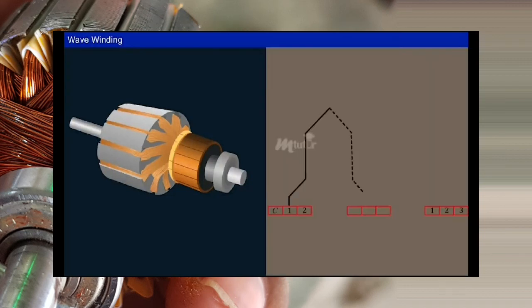The terminologies for the winding design, such as the back pitch YB, the front pitch YF, the resultant pitch YR, and the commutator pitch YC, are displayed for wave windings.